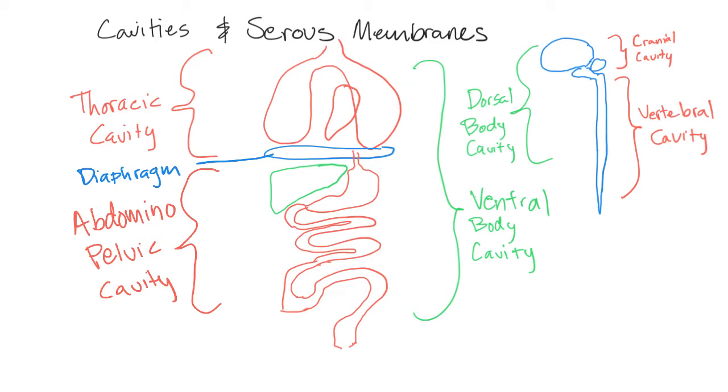Okay, the thoracic cavity has two cavities kind of squished within there as well. You have one lining the lungs, called the pleural cavity.